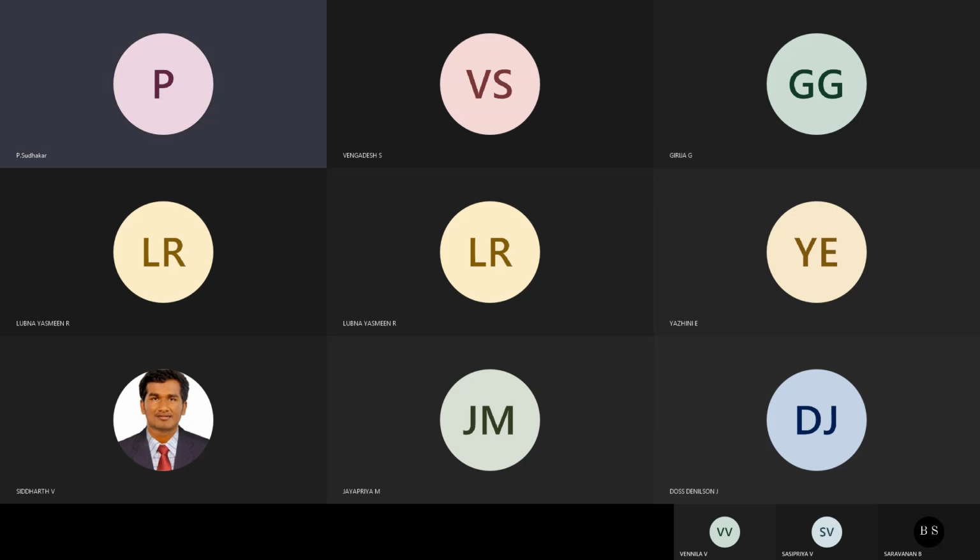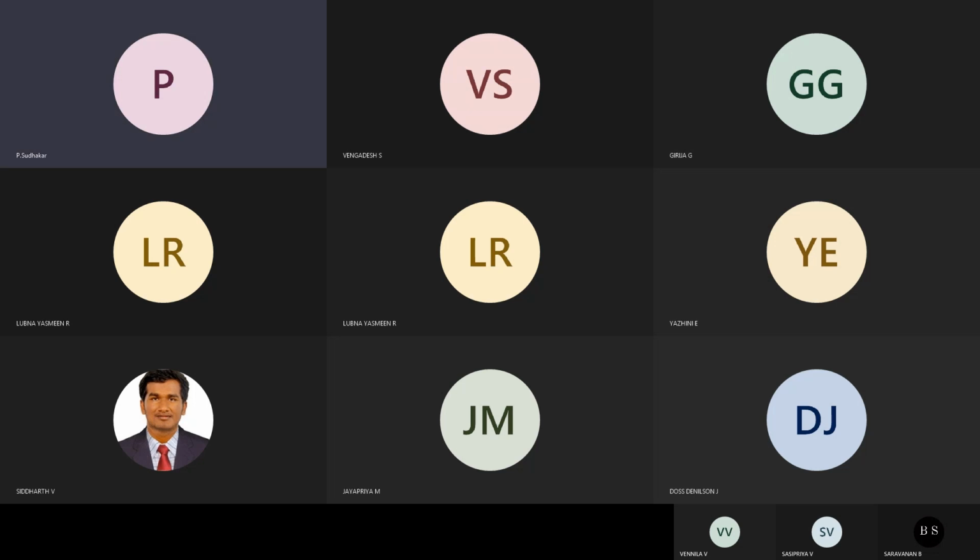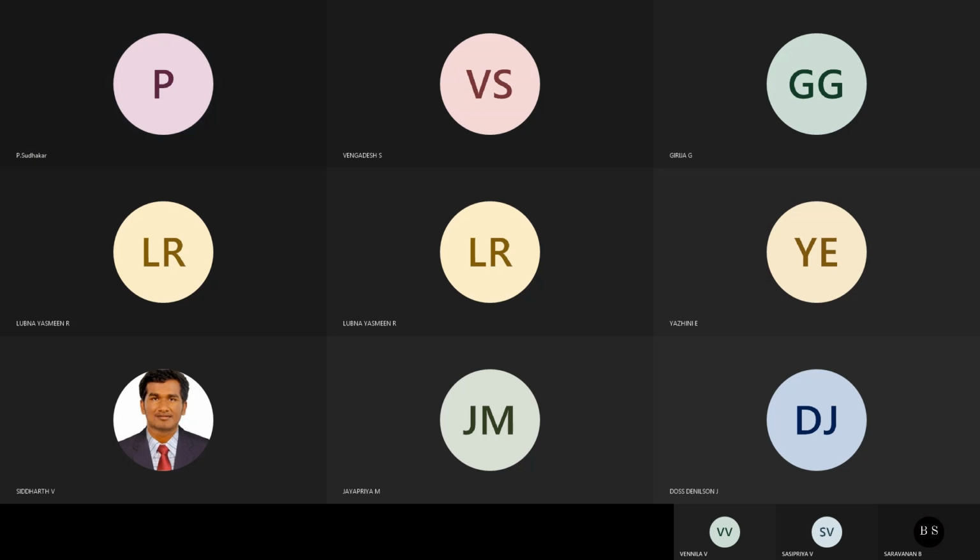Then what is the Rayleigh number? The Rayleigh number is acceleration due to gravity g into beta, where beta is 1 by 330, into delta T, the difference between the temperatures. The difference between 69 and 45 is 24.